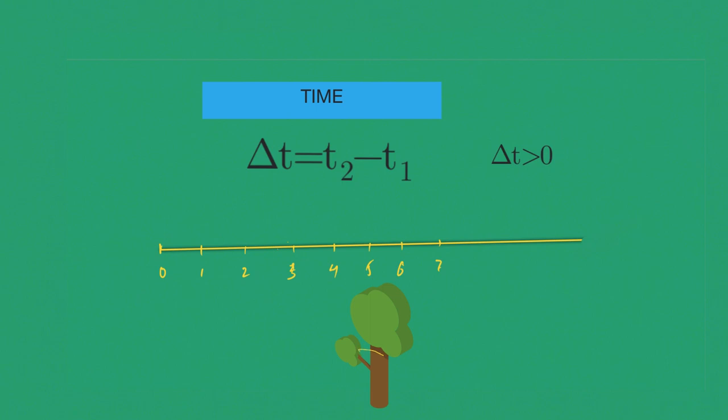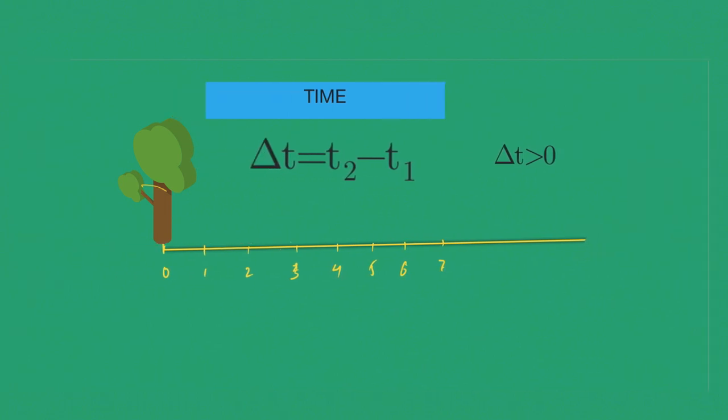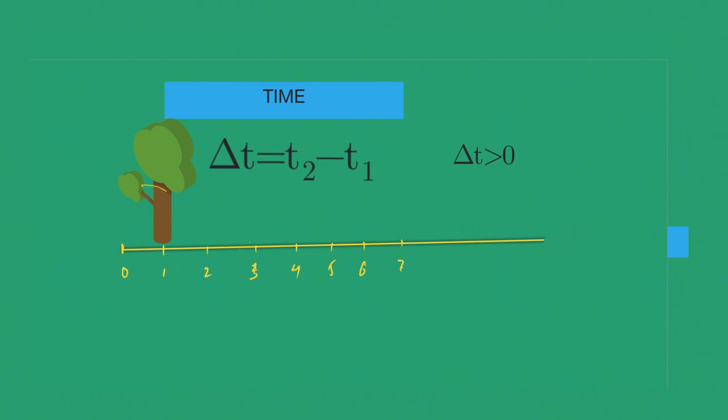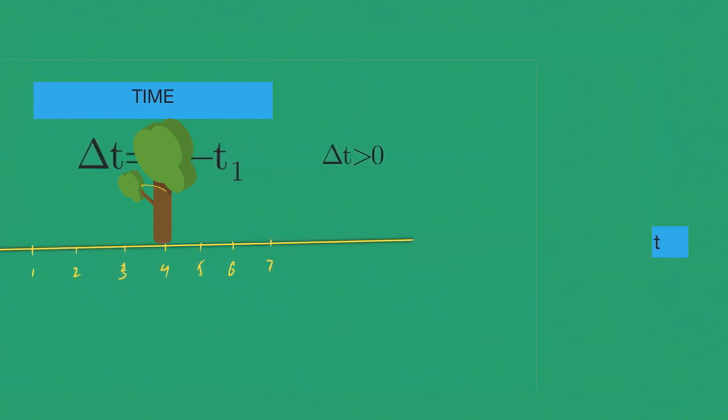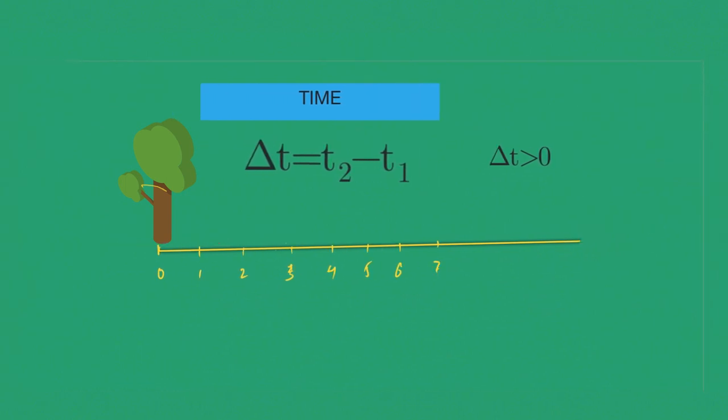Maybe we can see this time passing like this: even if the object is not moving, the time is passing, 1, 2, 3, 4, 5, 6. Delta t is always positive, and delta t will change in the same way even if the object is moving. So this is about the time delta t that you will always consider a positive quantity.